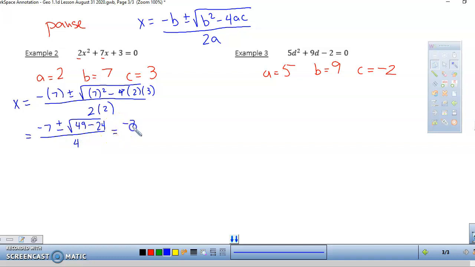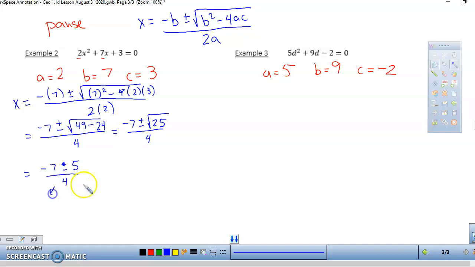All right, so you get -7 plus or minus the square root of 49 minus 24 is 25, all over 4. Okay, that brings us down here. Again, from the previous example, square root of 25 is 5, all over 4.